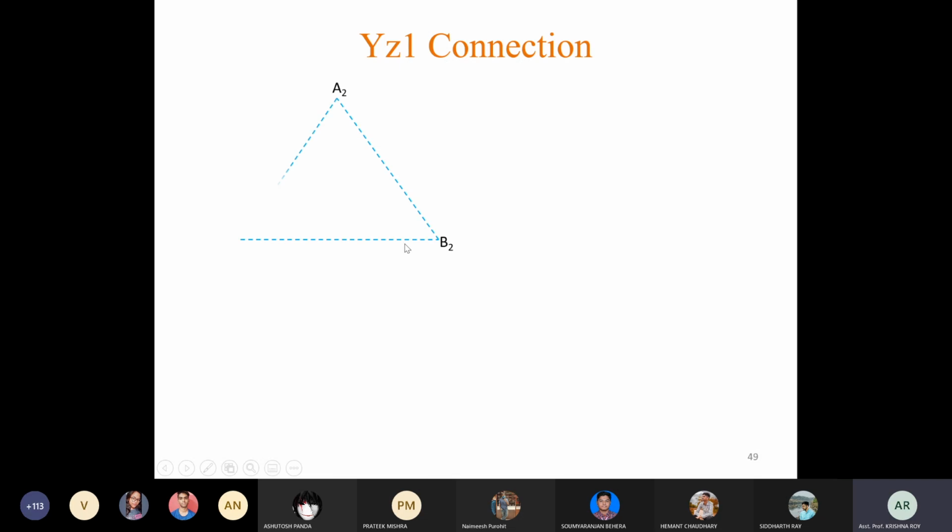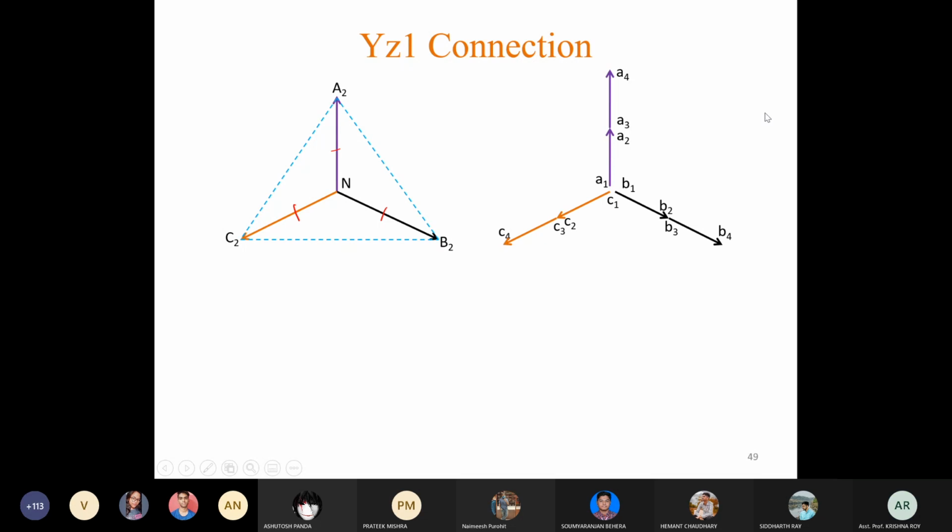So Y connection will be like this. Here this one is A phase, this one B phase, this one C phase. Before connection, the low voltage EMFs will be oriented like this, parallel to this side, these two, parallel to this side, these two, and parallel to this side, these two.